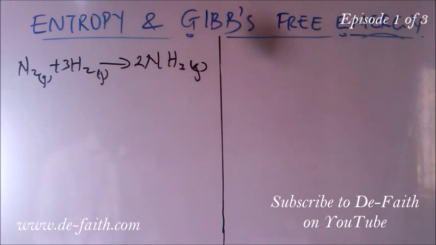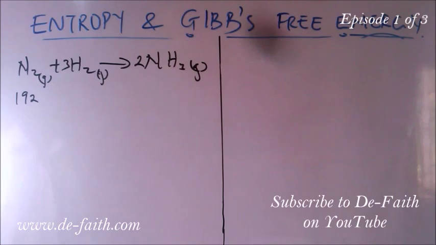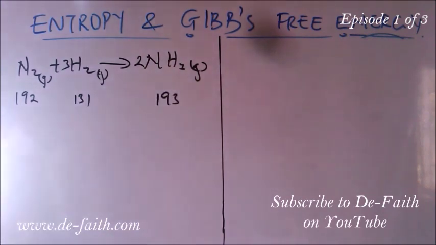Next, we're told the standard entropies of each. So for nitrogen, we're given the entropy as 192. For hydrogen gas, we're given 131. And for the product, ammonia, we're given 193, respectively.